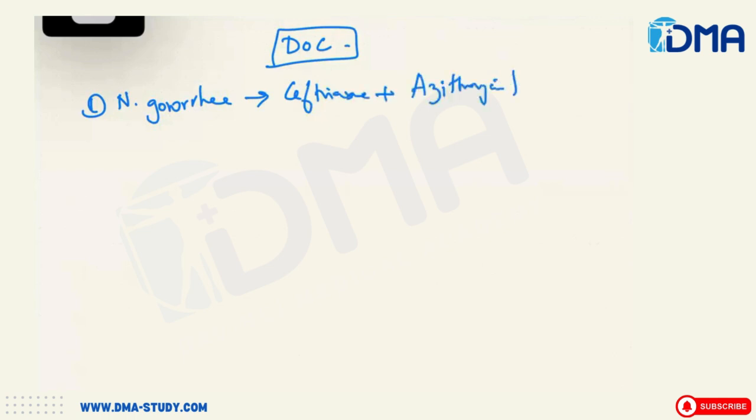What is the drug of choice for Neisseria gonorrhoeae? Exactly, ceftriaxone. Along with this, you have to add either azithromycin or doxycycline. Okay. Neisseria meningitidis, the drug of choice is penicillin group.